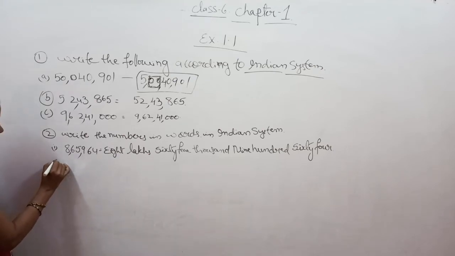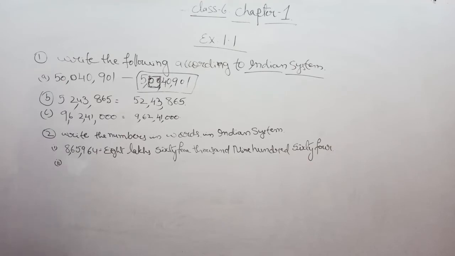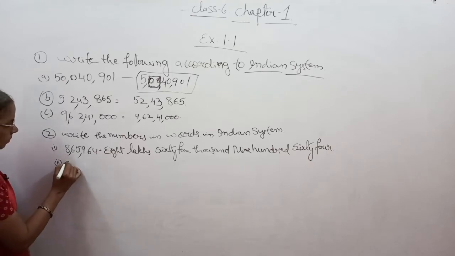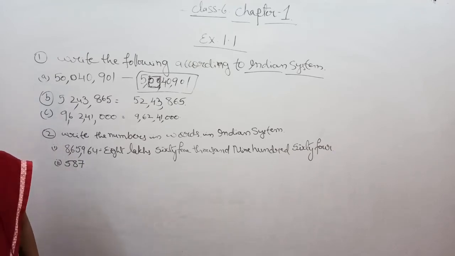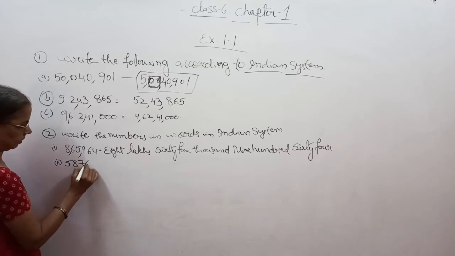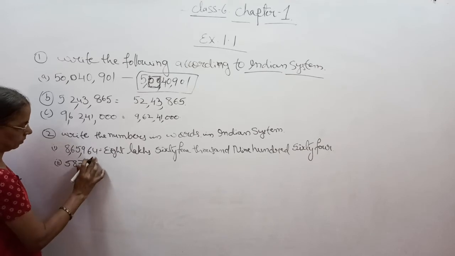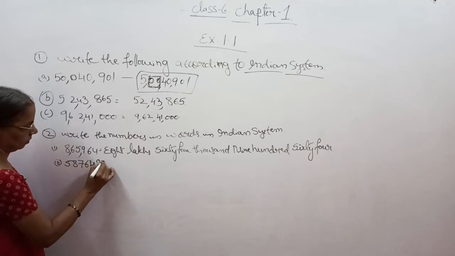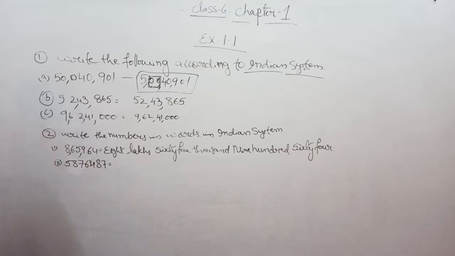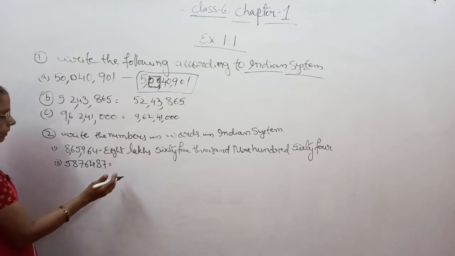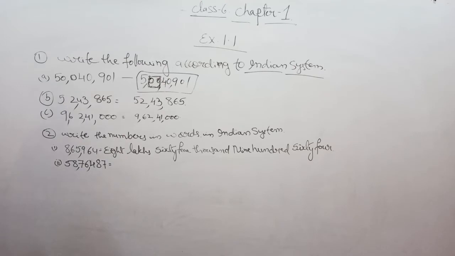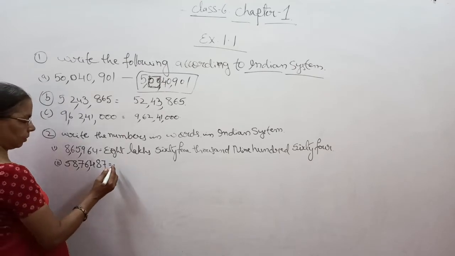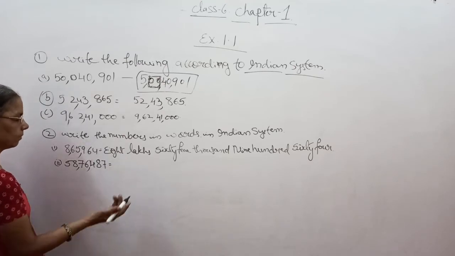Then the second one, 587 6487. Again, before writing in words we have to put commas in the Indian system, then we are ready for writing in words.